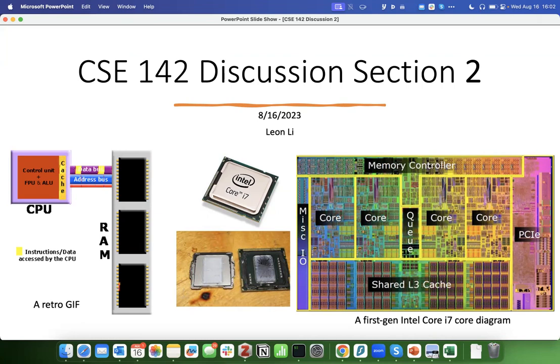And this die, the rectangular shape, is represented by that diagram. So in the die, you see this is a 4-core processor. And we have a pretty big region dedicated to the L3 cache, right? So that probably tells you how important the cache is. This is roughly almost like 1/4 of the size of the processor. You're spending that much resource just for the cache. And cache is therefore very important.